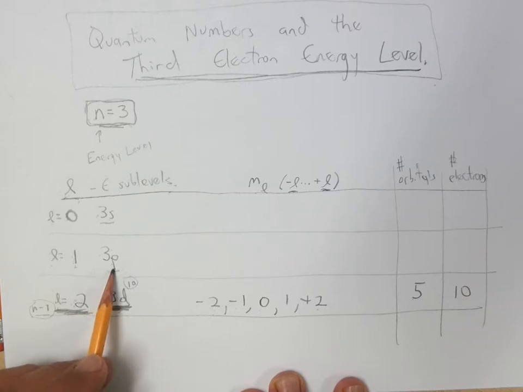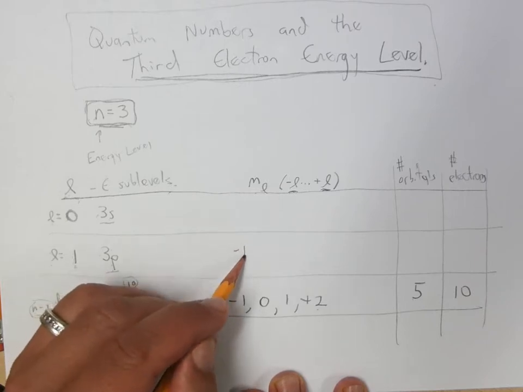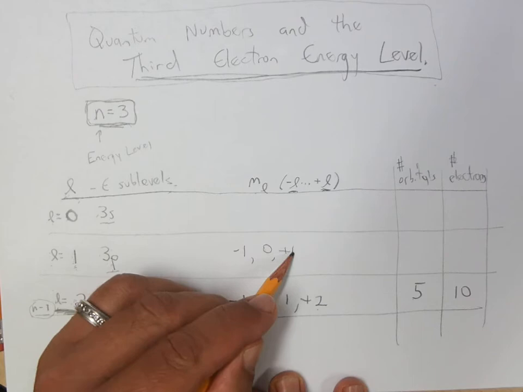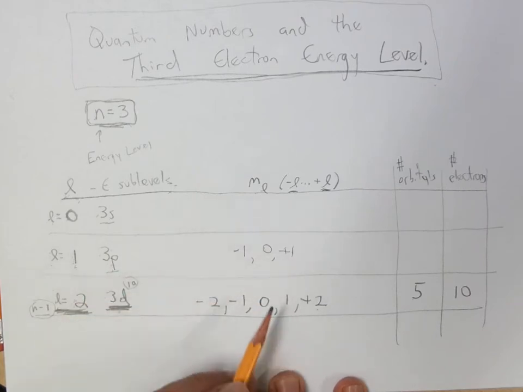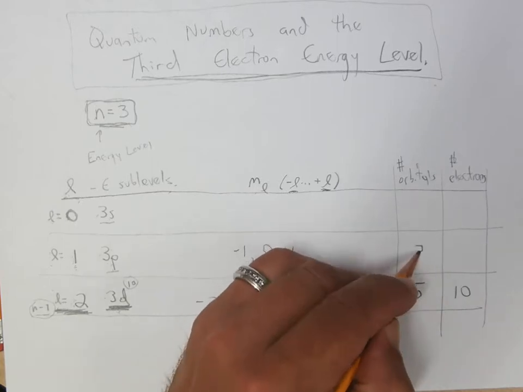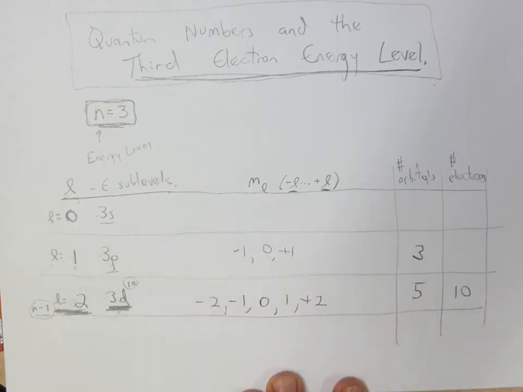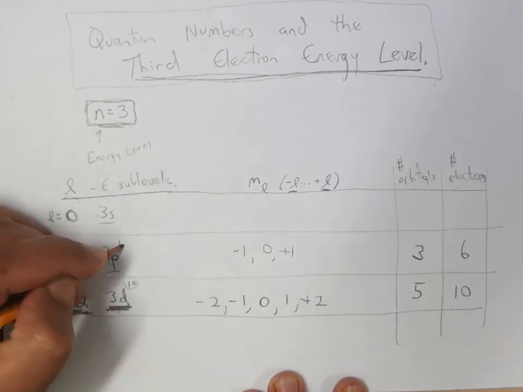For the P sublevel, L equals 1, we go from minus 1 to plus 1, so we have 3 values of m sub L. So we have 3 orbitals within the P sublevel, and that gives us room for 6 electrons. So 3p6.